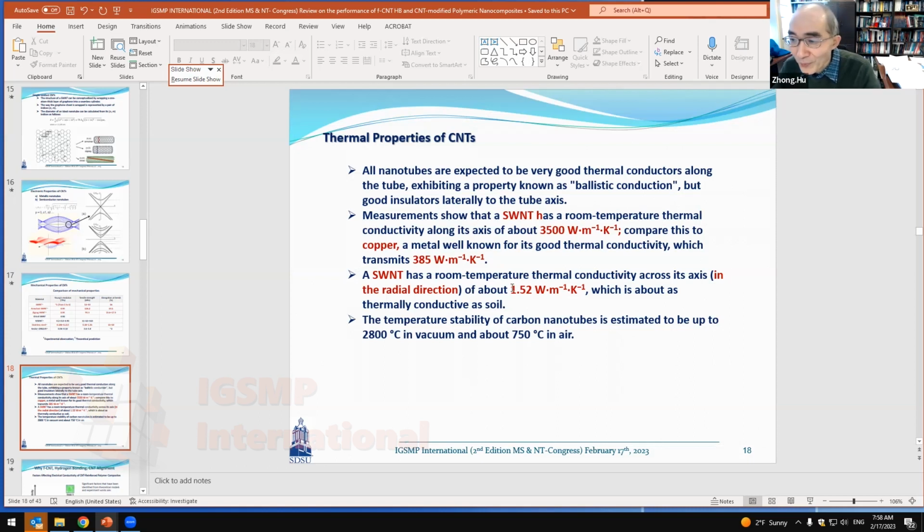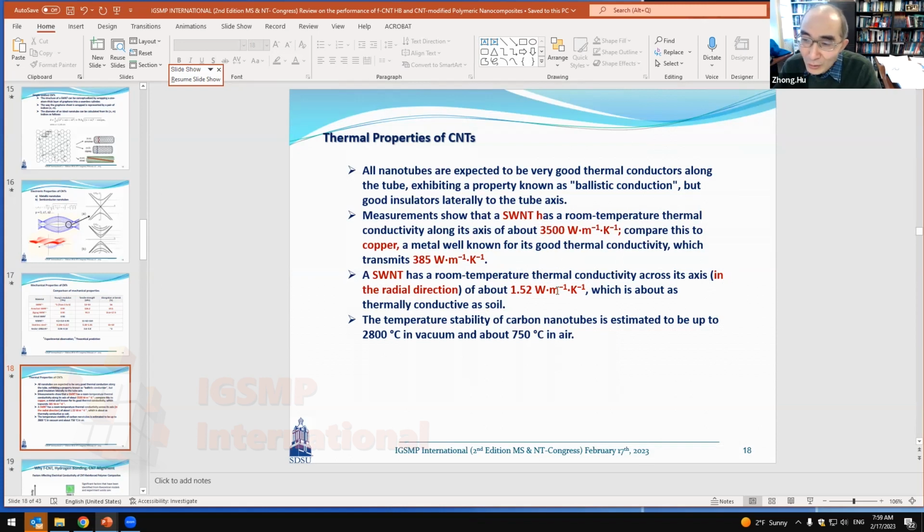And also, if you compare the single-wall carbon nanotube itself in the longitudinal axial direction or the lateral direction, that's quite different. You can see, in the radial, that's the lateral direction, the conduction will only have 1.52 compared with as high as 3,500.